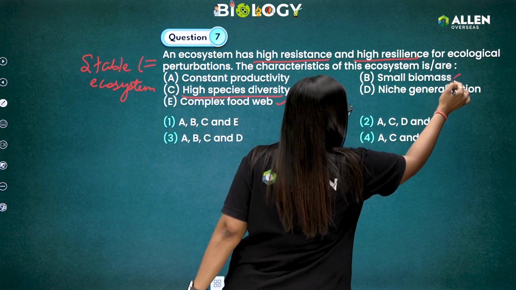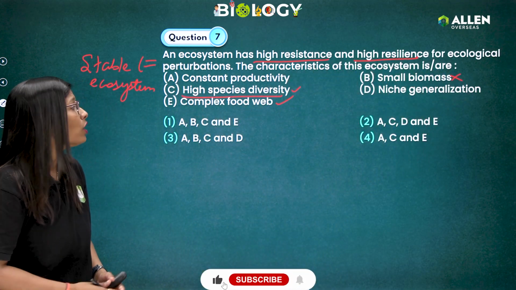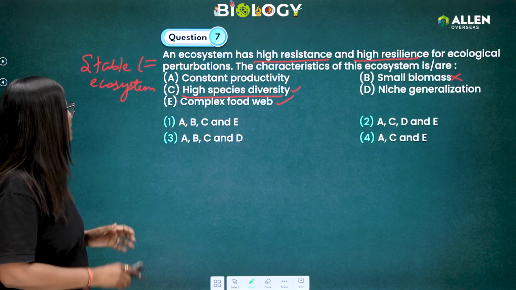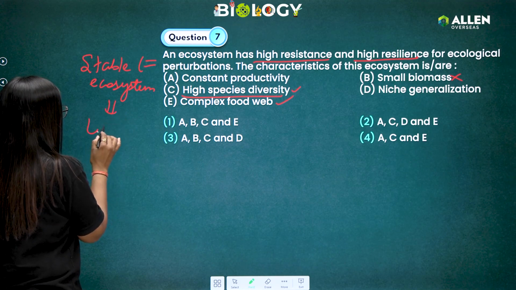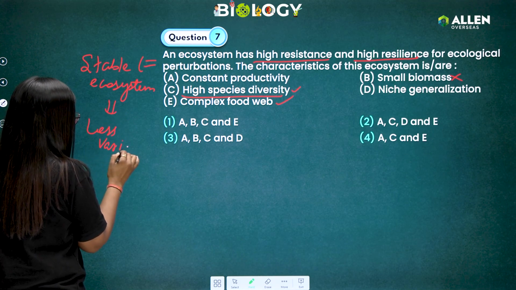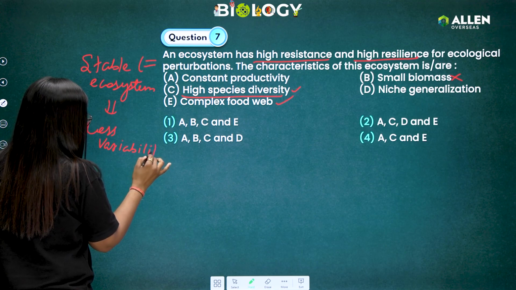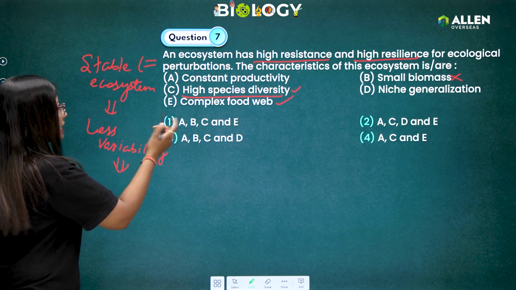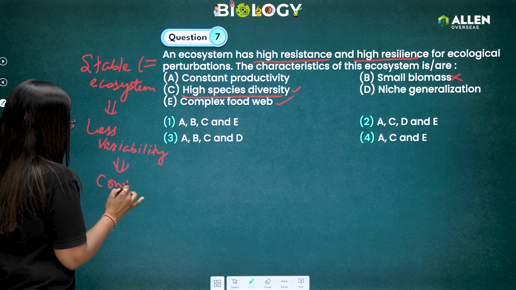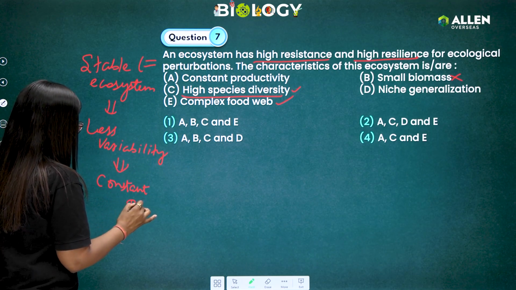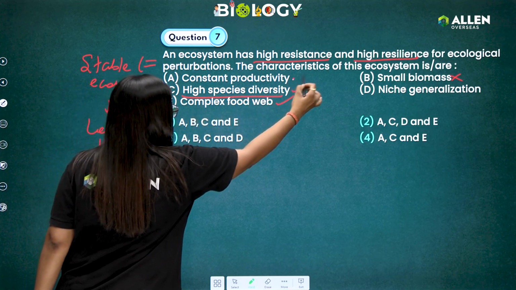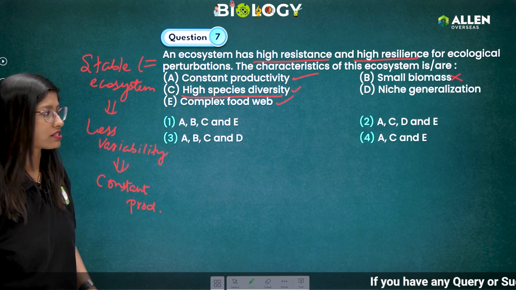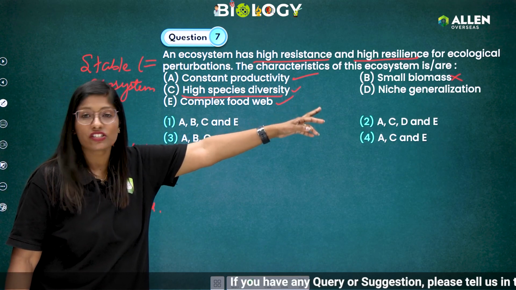So small biomass is wrong. Right? Now, if you remember David Tilman's experiment, he told that in a stable ecosystem, less variability is there in terms of productivity. And when less variability is there, then we say that there is a constant productivity. And when constant productivity is there, again, it's a feature of a stable ecosystem. So these three are the features of a stable ecosystem. Now coming to the last option, niche generalization.